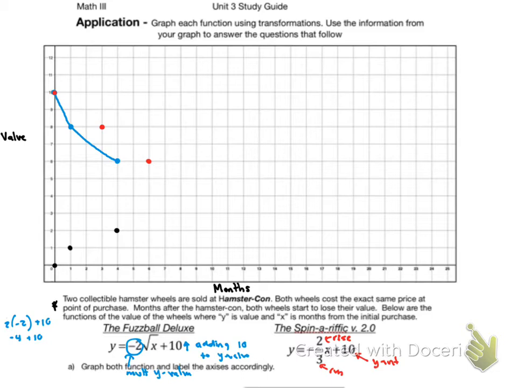And once you get enough points, you can draw your line. I have a line tool. I can just draw it this way. Right. Or you could have kept going down 2 over 3, down 2 over 3, down 2 over 3 until you hit where it has no value.